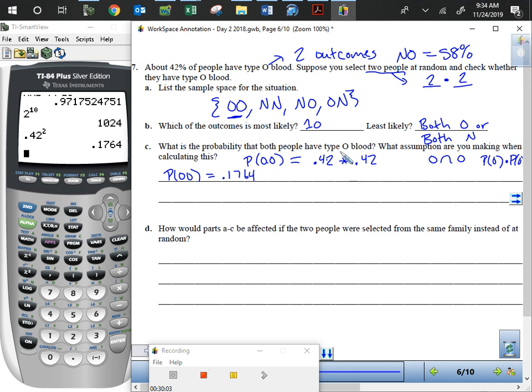So we're saying that the first person's blood type wouldn't affect the probability of the second person's blood type being O. Hopefully that makes sense to you, because one person's blood type is not going to affect the next person's blood type as long as they're not related. So we're assuming the events are independent here.